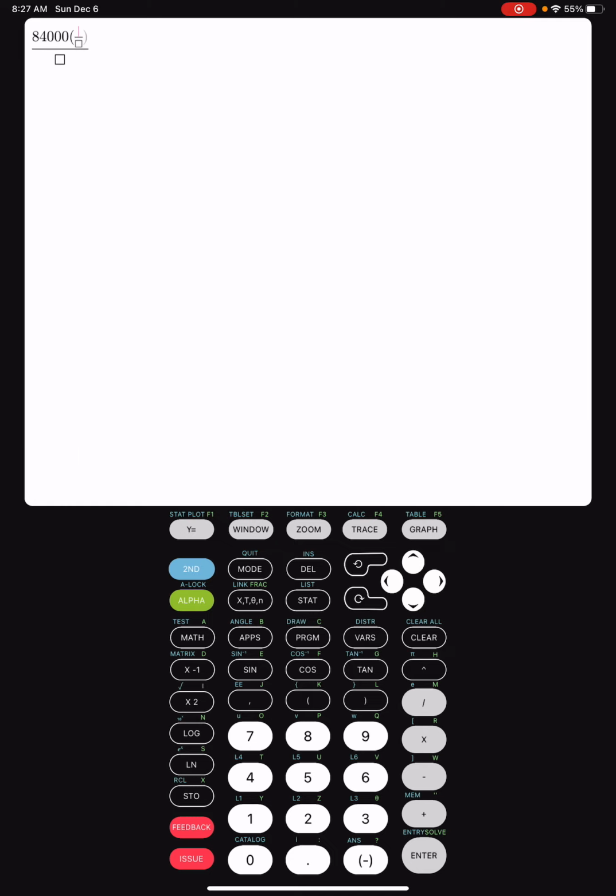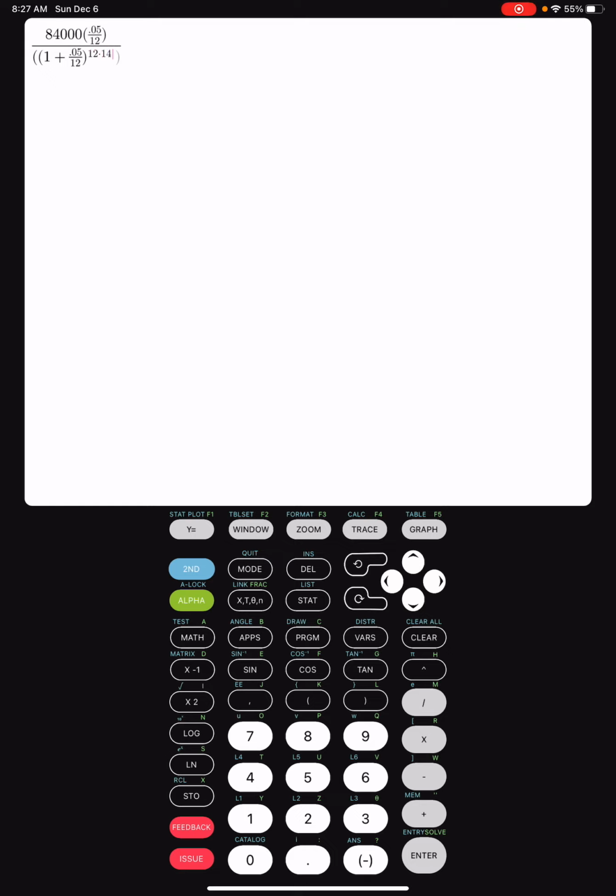Some of you can do this without the fraction bars. I just want you to see that you can make it look exactly like it looks on your formula sheet. So A times R over N, and then I'm going to put parenthesis 1 plus R over N, so another fraction bar, 0.05 over 12, and then I'm going to close that parenthesis, and I'm going to raise that to the N times T, so 12 times 14.